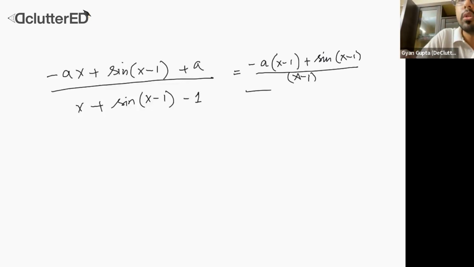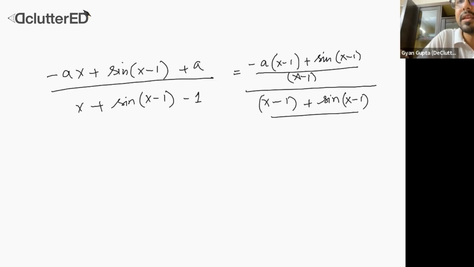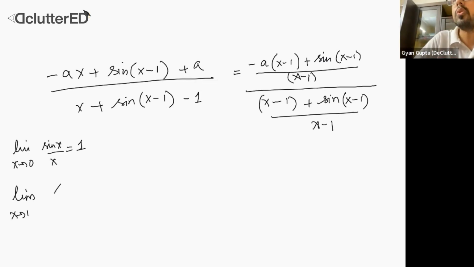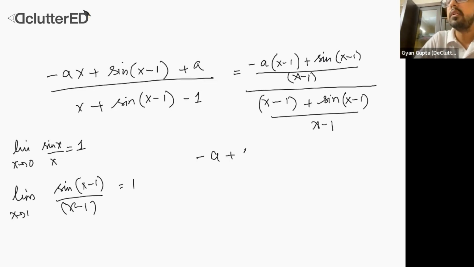And we all know the limit as x tends to 0 of sin x by x is 1, which will bring us to the fact that the limit as x tends to 1 of sin(x-1)/(x-1) is 1. So I have simplified the inside portion of the bracket to (-a + 1)/(1 + 1), which is (1-a)/2, and the power as 1 + √x.